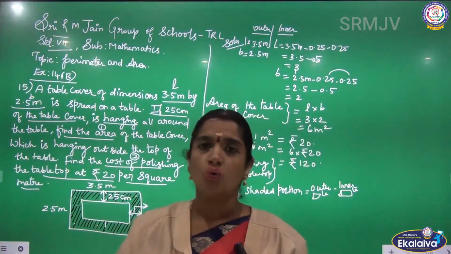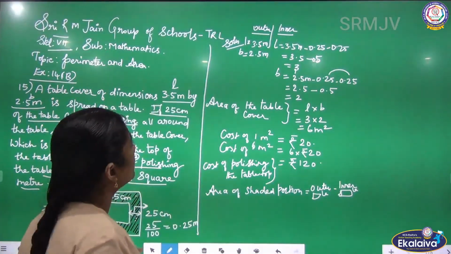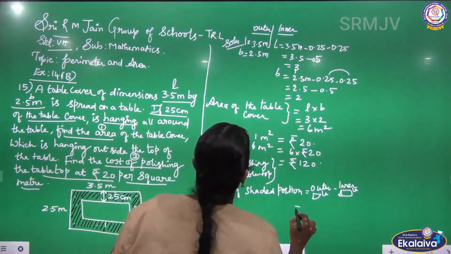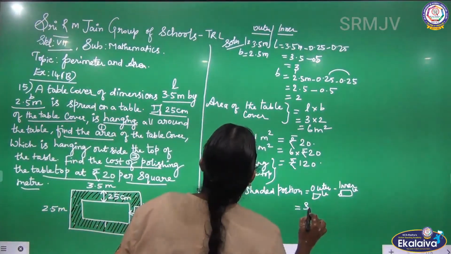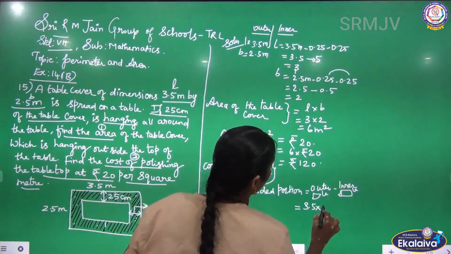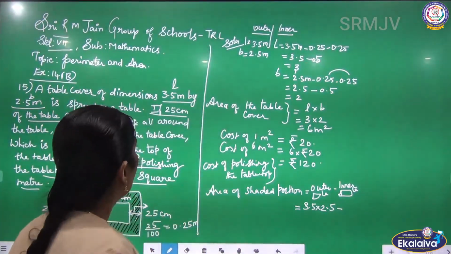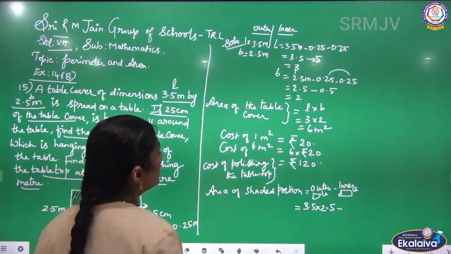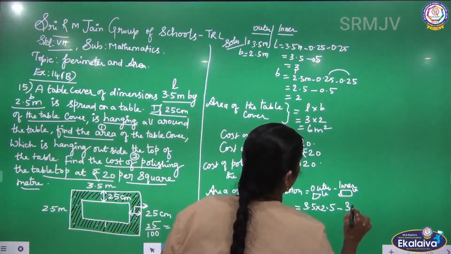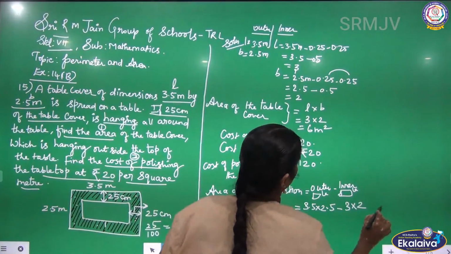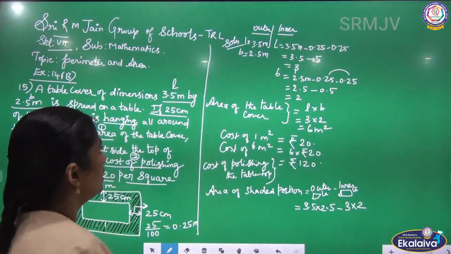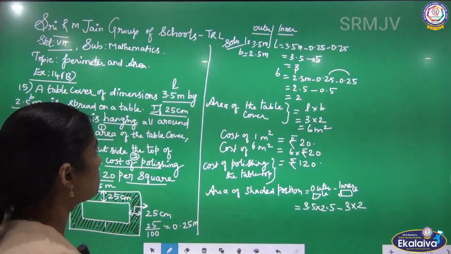Listen, children, what is your outer rectangle? Length into breadth, 3.5 into 2.5, minus, what is your inner rectangle? 3 into 2. Got it? Can you understand this, children?